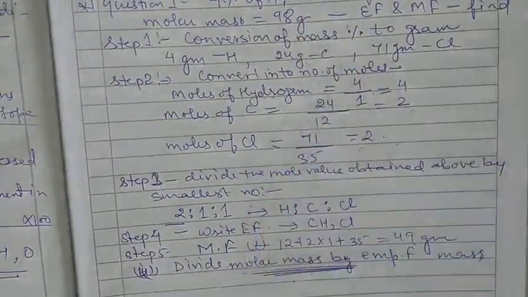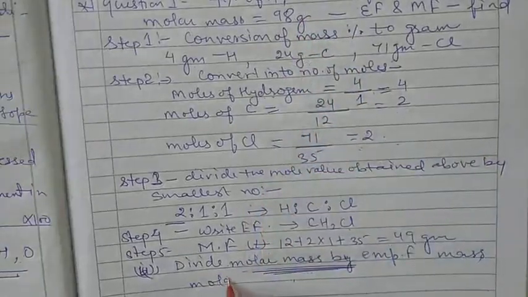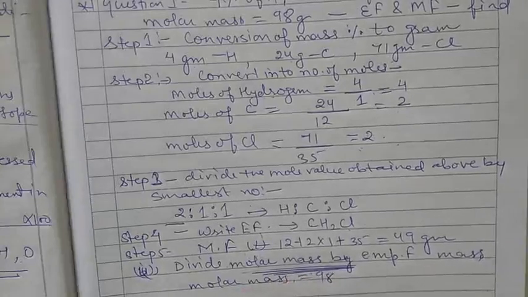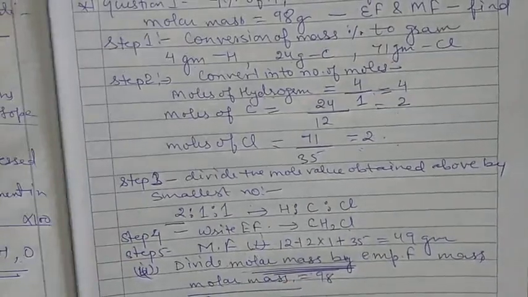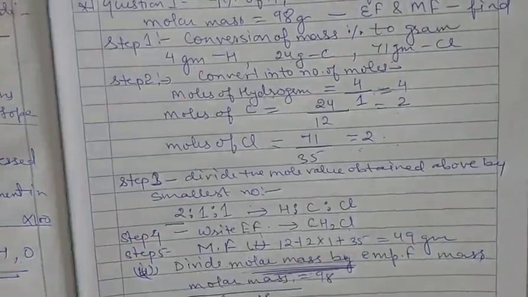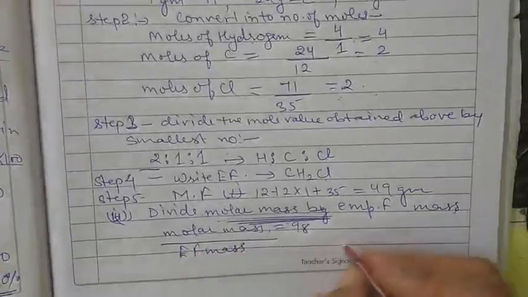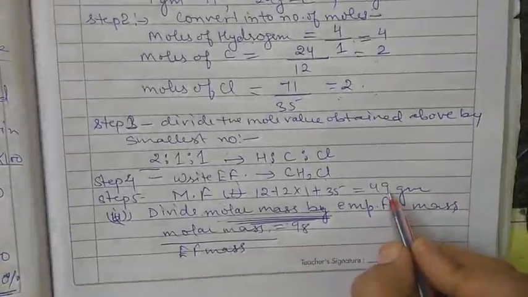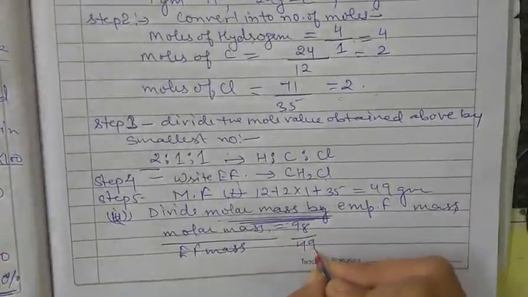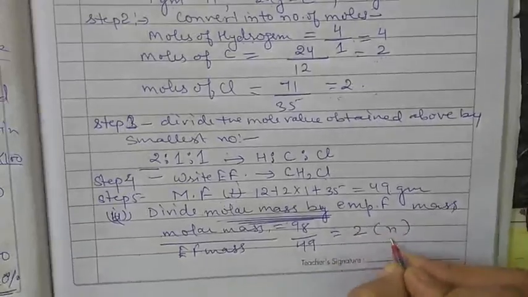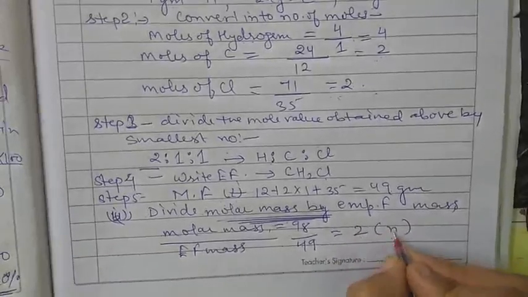So n is equal to 98 upon the empirical formula mass, which is 49. We get the answer 2. Let us designate it as n.